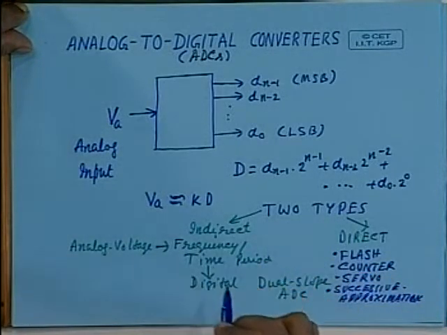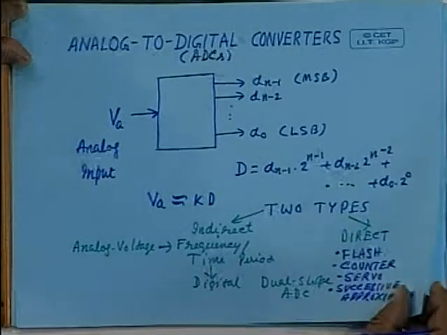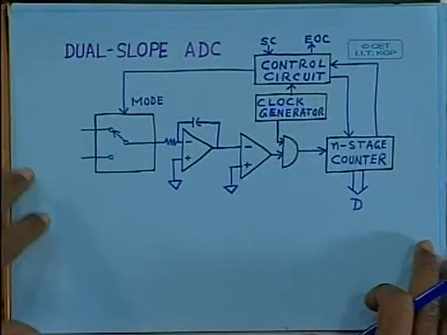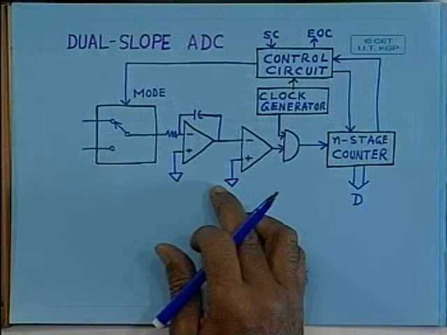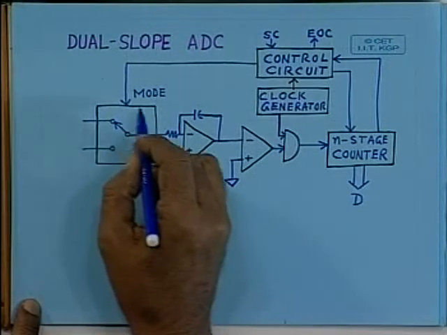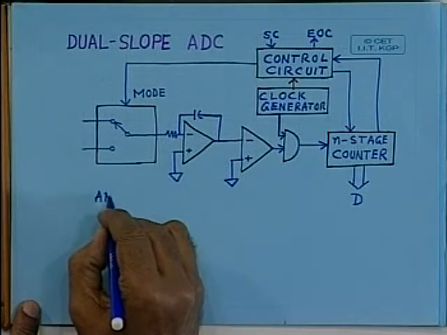Let us start with the dual slope AD converters, which are very popular. The block diagram of a dual slope AD converter is shown in this diagram. Here, the first building block is known as the analog switch.